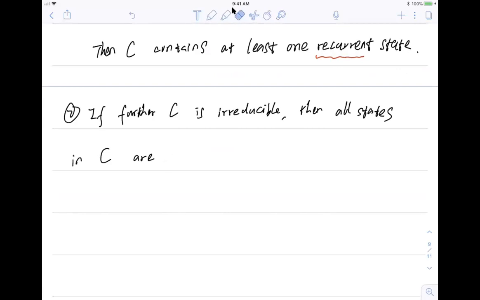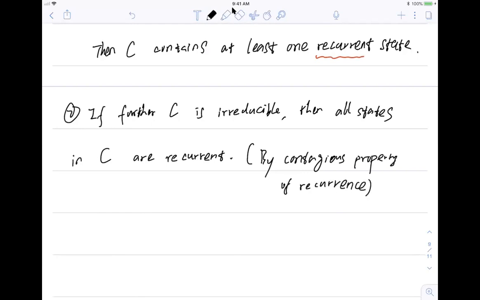I mean, this is trivial, just by the contagious property of recurrence.